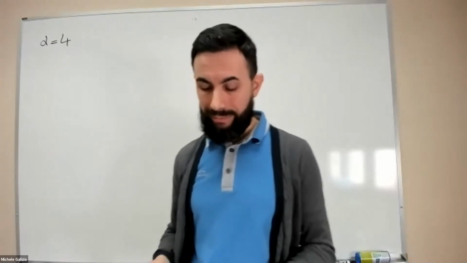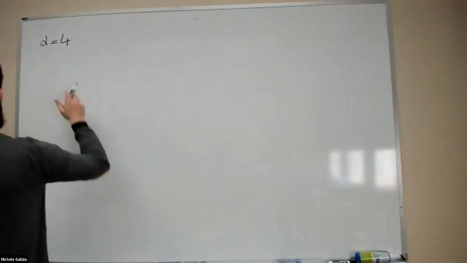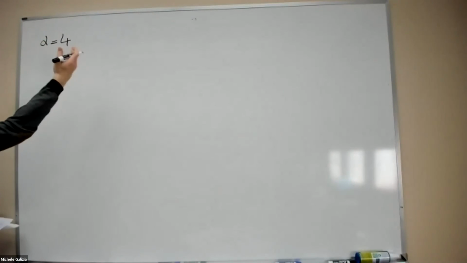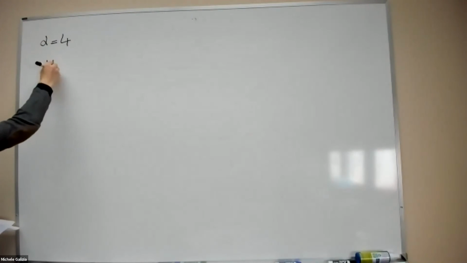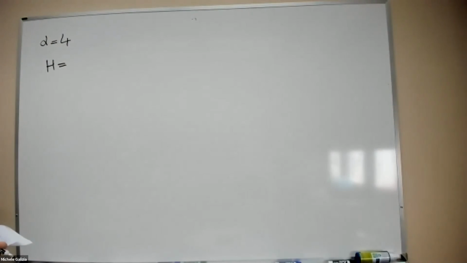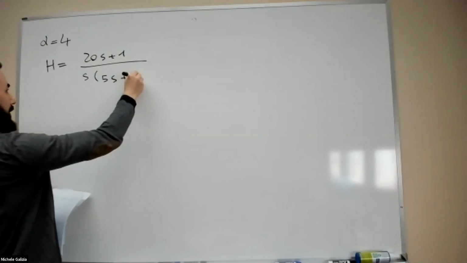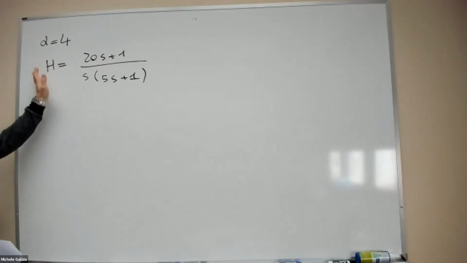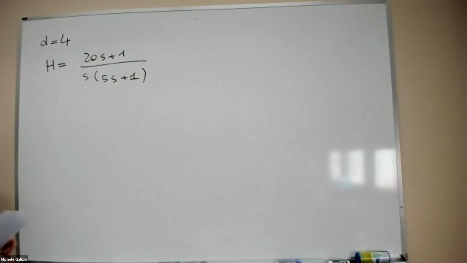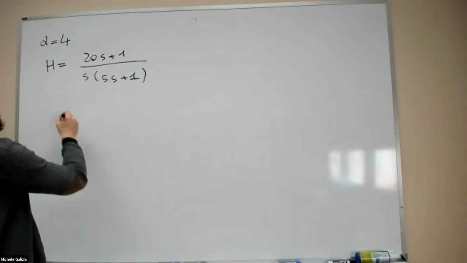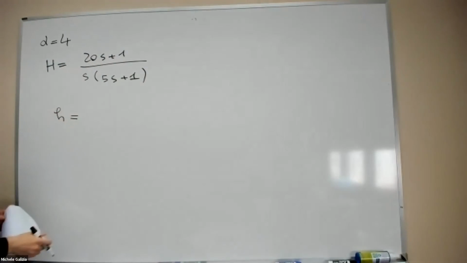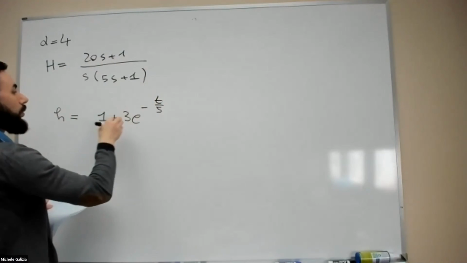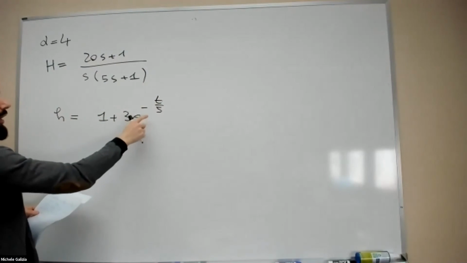So with alpha equal to 4 and all the other parameters equal to the values that we showed before, H will be in the Laplace domain something like this. The expression is similar to the one we got before, but the numbers are different. If you transform back to the time domain, H in the time domain will be 1 plus 3 exponential of minus t over 5.